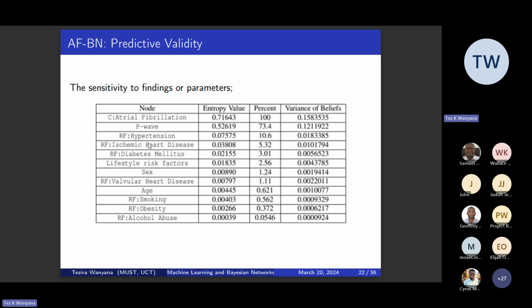And so we are able to see how much information, if we know any of these nodes, we can get about atrial fibrillation. For example, the Pwave will give us some information, probably more compared to alcohol abuse and the like.